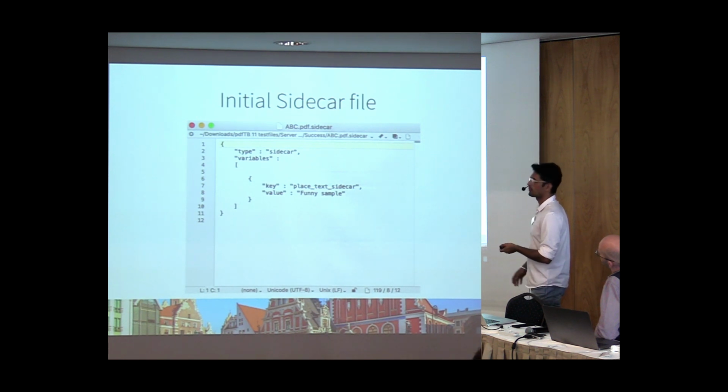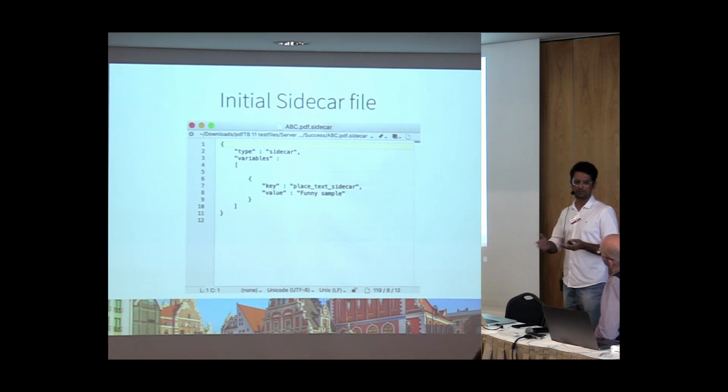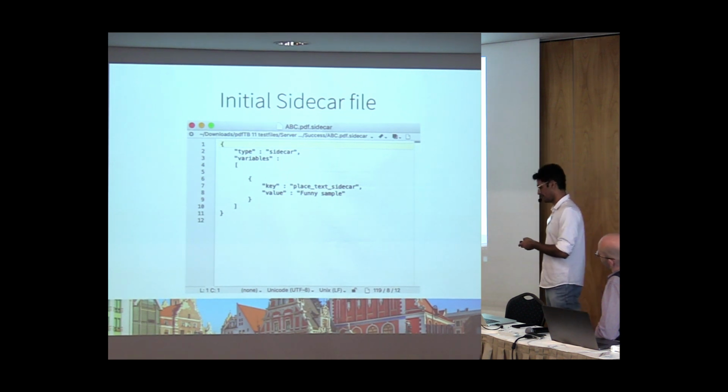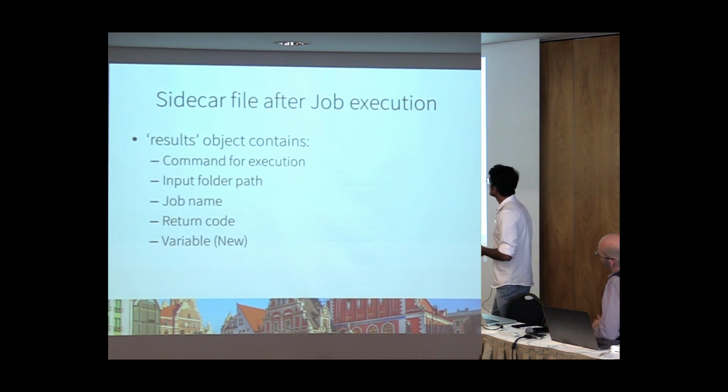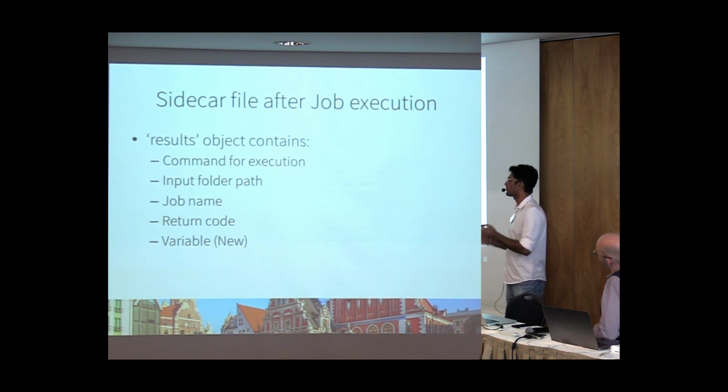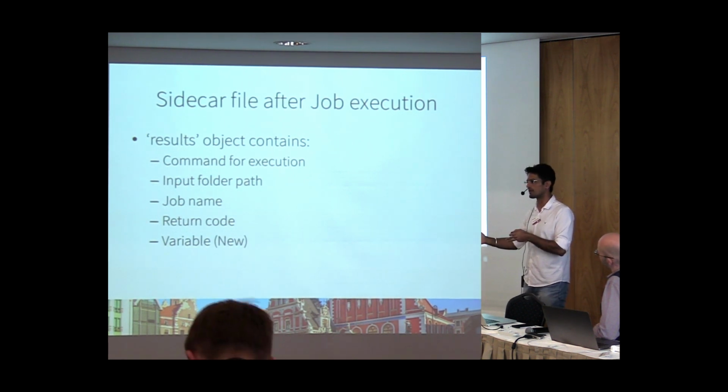This syntax is important to note now because Mark will be talking about it in Jobtickets, which is in the same direction but slightly different in his use case. So once you have placed the sidecar file and the PDF in your input folder and it gets executed, a result object gets added to the sidecar file.